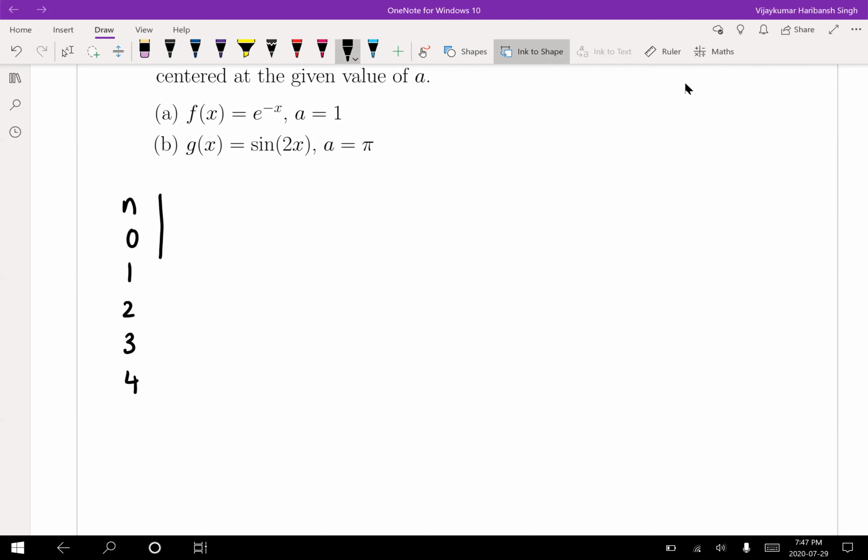We want to look at f^n of x, and then we want to evaluate at what point? We want to evaluate f^n at 1 because your a is 1. So we are doing problem 1.